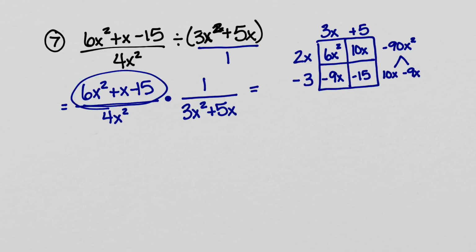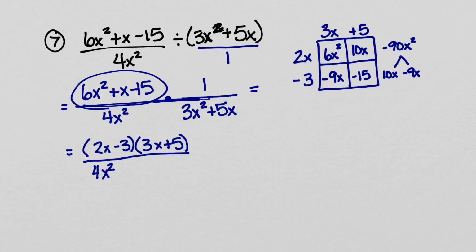So that's going to give me on the top, in my numerator, a 2x minus 3 and a 3x plus 5. Now it's multiplied times 1, so I don't even need to write that 1 anymore, because anything times 1 is itself. On the bottom, 4x squared doesn't simplify any further, so I'm going to just leave that alone.